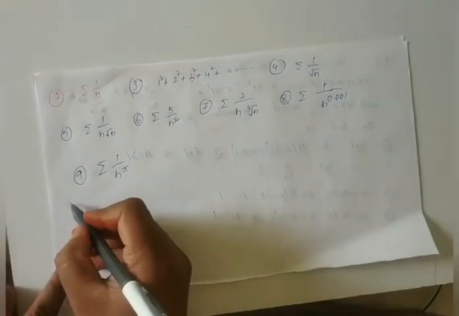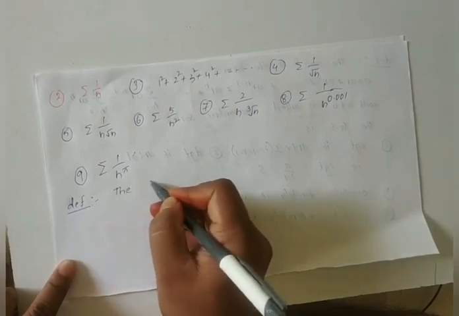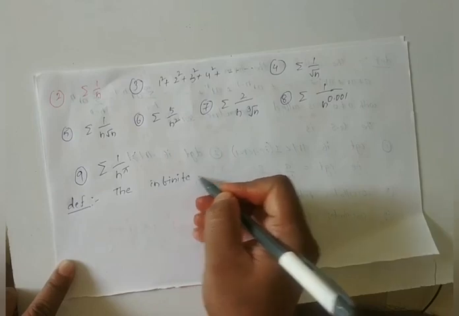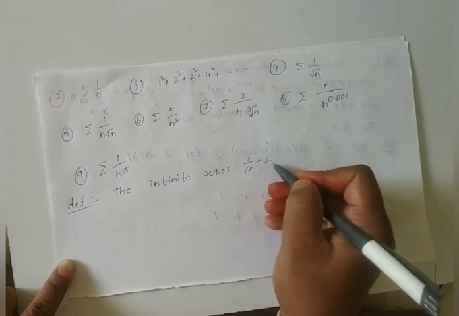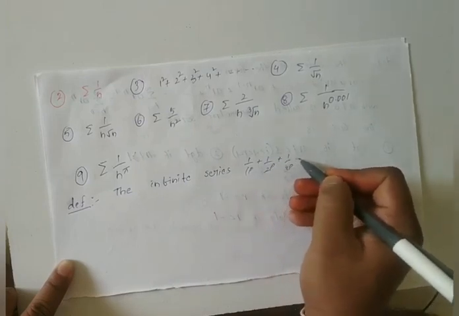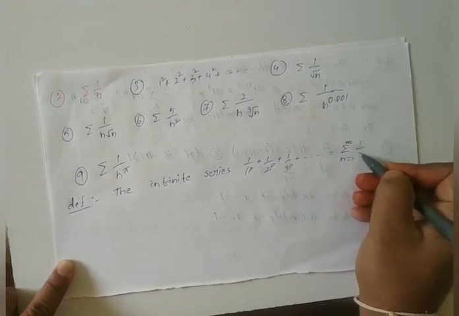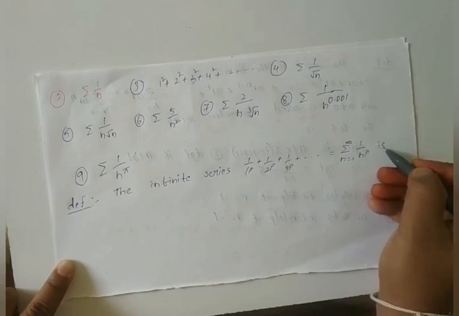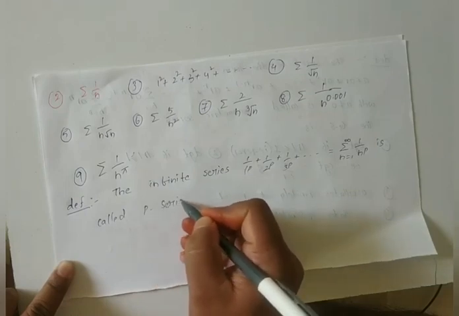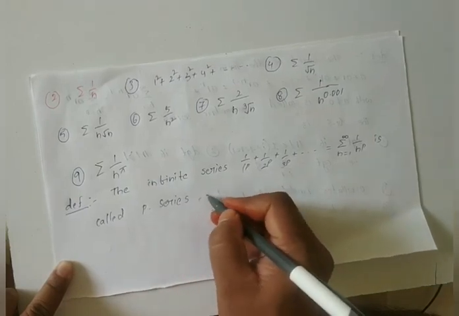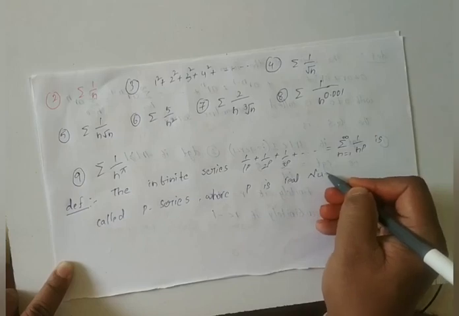Okay, write down the definition. The infinite series 1 by 1 power p plus 1 by 2 power p plus 1 by 3 power p and so on, summation n equal to 1 to infinity 1 by n power p, is called the p series, where p is a real number.